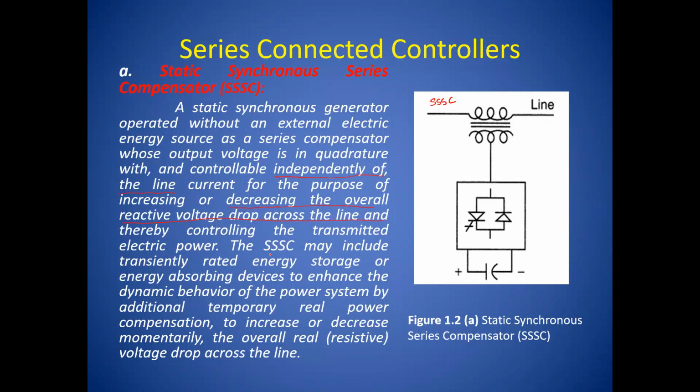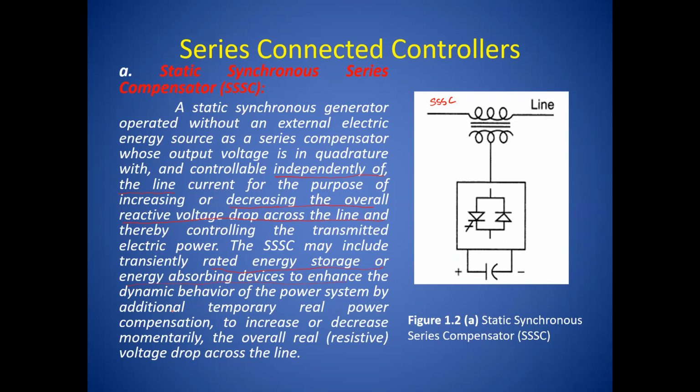Okay, like the TCSC, the SSSC may include transient energy storage or an energy absorbing device to enhance the dynamic behavior of the system. Whenever there is a disturbance in the transmission line, it may be due to a sudden increase or decrease of generation, or the application of a fault on the transmission line.